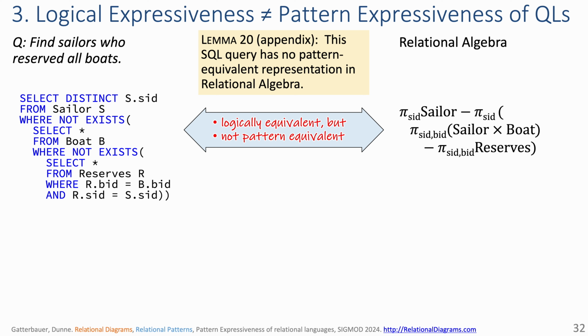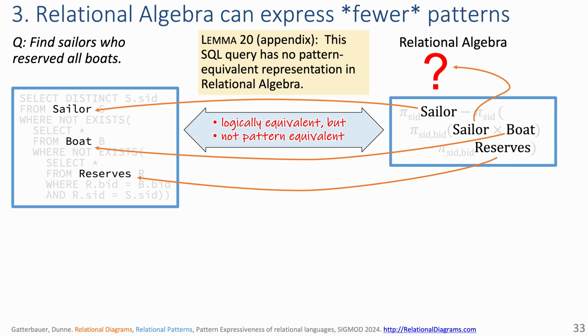However, there is no relational algebra expression with the basic 5 algebraic operators that expresses that query with the same relational pattern. Relational algebra needs to use the Sailor relation twice, even if you throw in an operator for the antijoin. And thus, relational algebra uses a different relational signature and thus a different relational pattern.